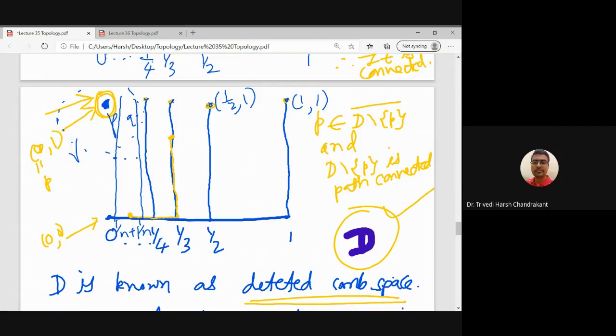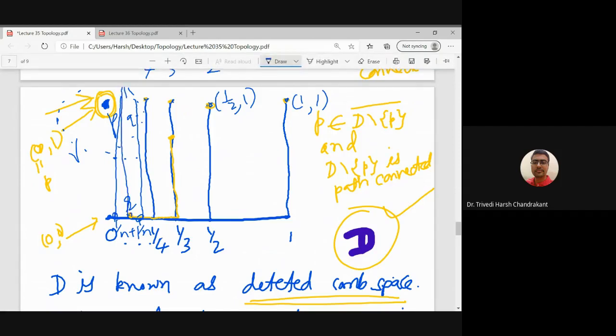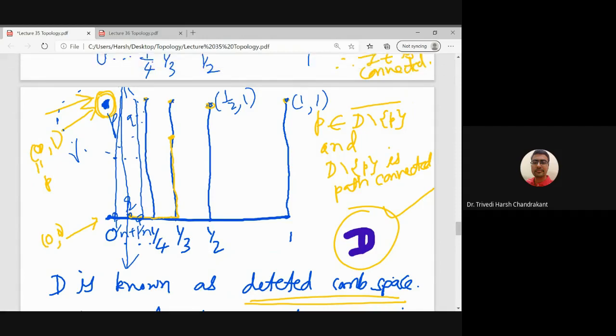So that means I will get a number r between 1 upon n plus 1 and 1 upon n, and now I will consider this vertical line at r. That will actually divide the whole D into two parts, because V intersection D does not contain any point of the x-axis. So therefore, we don't need to worry about these points.